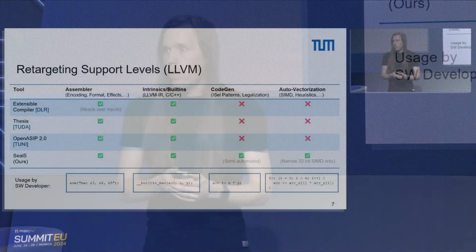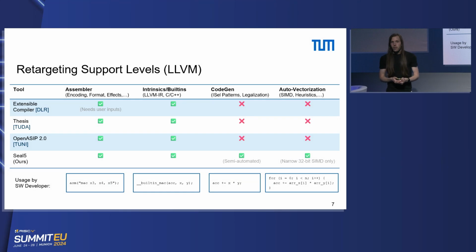In this example, the software developers just need to write, for example, accumulator plus equals x times y, and it's the job of the compiler to figure out, okay, we can add this custom MAC instruction. You could even go one step further and also support code generation for SIMD type instructions. And then we could also automatically detect this vectorized loop and use proper SIMD instructions if available on the target.